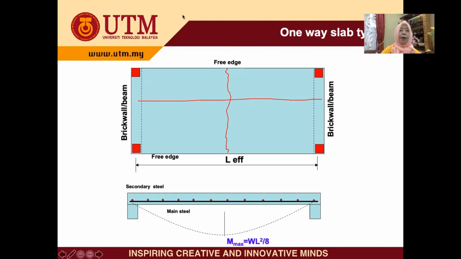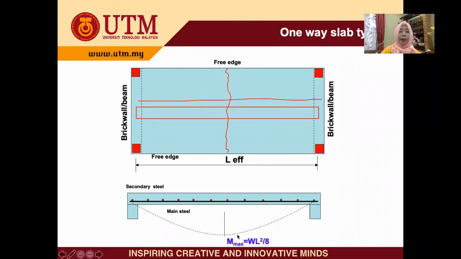So we need to design it using this pen, by taking 1 meter width from here to here. So this is the slab, 1 meter width. We calculate the loading, the Gk, the Qk, and then we find the moment. The formula is just like this, for a simply supported slab.